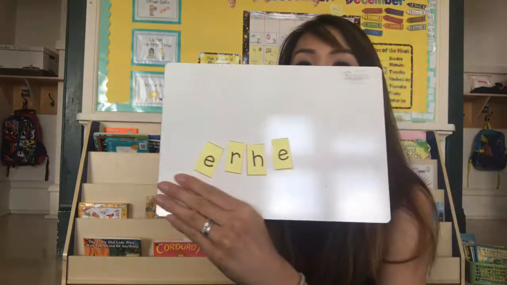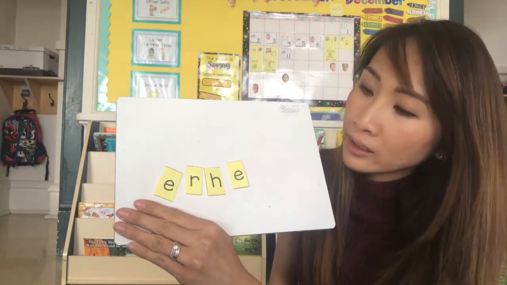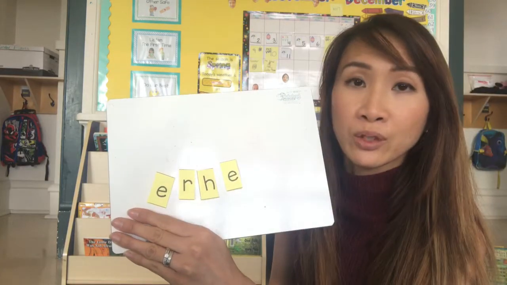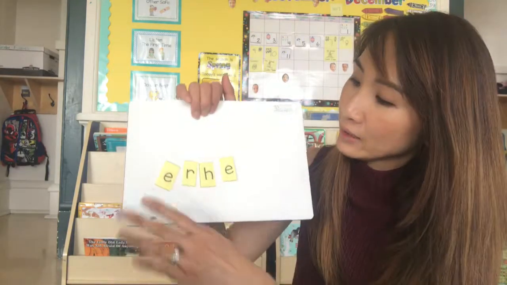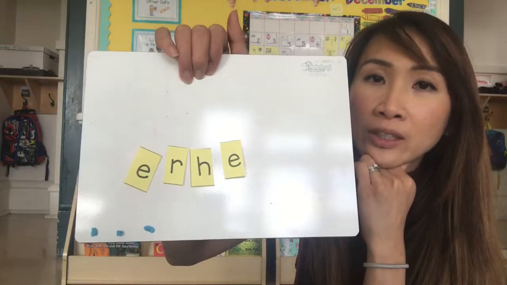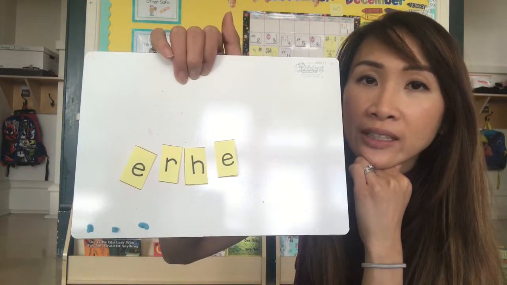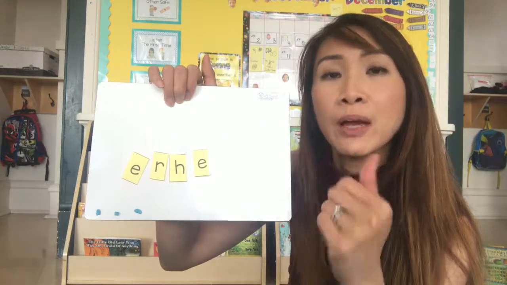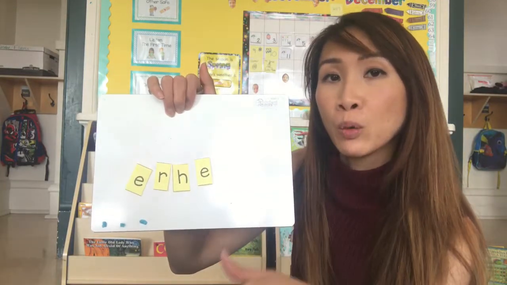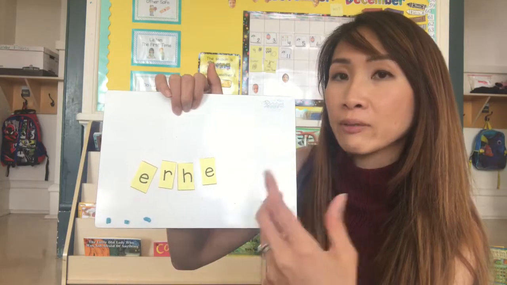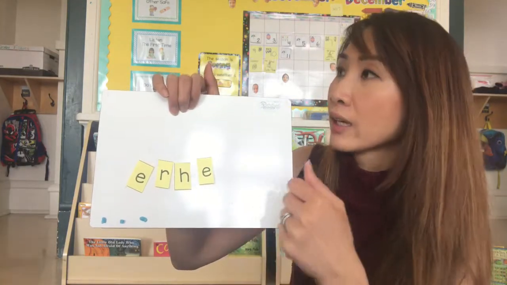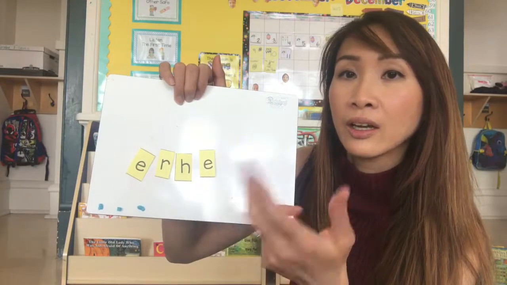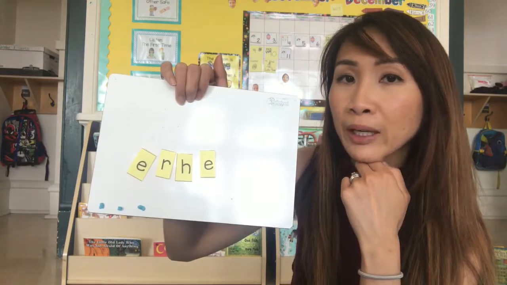Now the little ones, some of them would be able to look at the letters and figure out what the sneaky word is supposed to be. For example, this one, what do you think this word is? And if they are really having a hard time, you might want to choose a couple words for them to show, and you might want to give them a couple words like ing, it, here, and let them choose a word that might work.